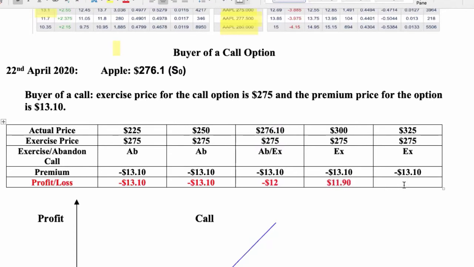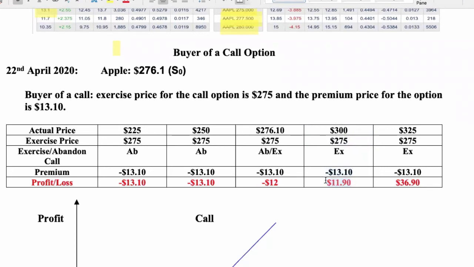And what about the next one? 36.90. Okay, just to explain again, you exercised, which means you will buy Apple at $275. It's currently $300. So it's as if you can buy Apple at $275 and sell it straight away at $300, which will lock in your gain at 25. You've paid a premium of 13.10, so you didn't make $25 because you paid insurance. So you had to reduce that by what it cost you.